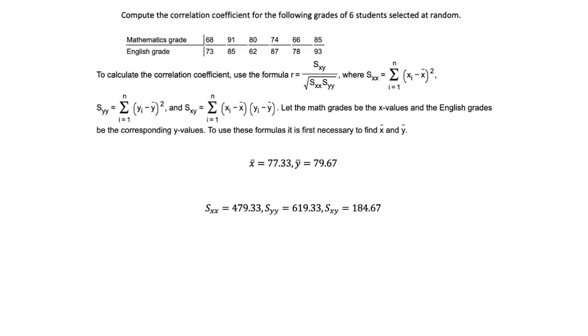When you do so, you should get these various values that are needed for the formula. The last step is to take everything we know now, put it into the formula, and we get a correlation coefficient of 0.339.